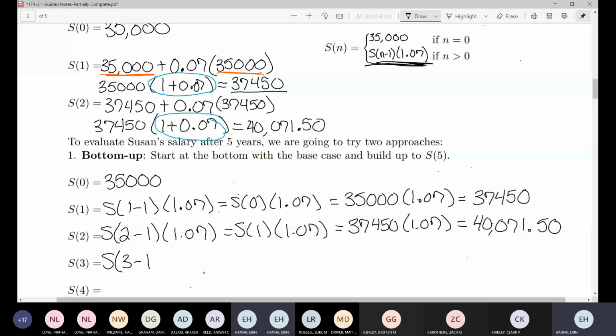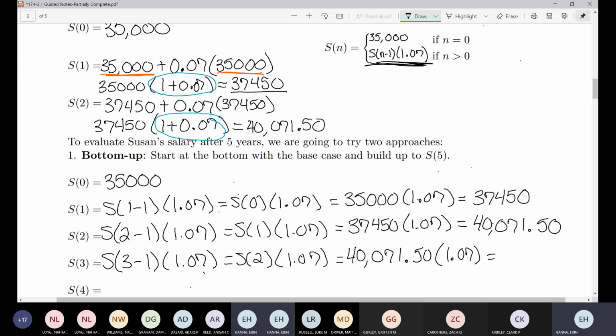Here we'd have S of 3 minus 1 times 1.07, so S of 2 times 1.07. So that's $40,771.50 times 1.07. Trust and believe we could type these into a calculator, so I'm just giving us the values here.